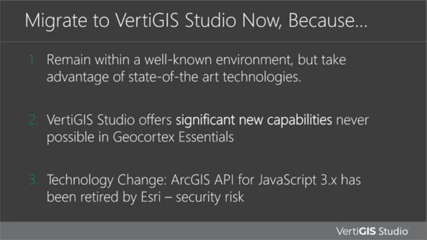The problem is that the ArcGIS API, which is underlying there, this is the ArcGIS API for JavaScript 3.x. This has been retired by Esri. Now the actual JavaScript API is the number 4, right? This was back in July 24, but I will explain this also in a bit more detail. This is, for me, one of the key reasons to quickly move now over to VertiGIS Studio.